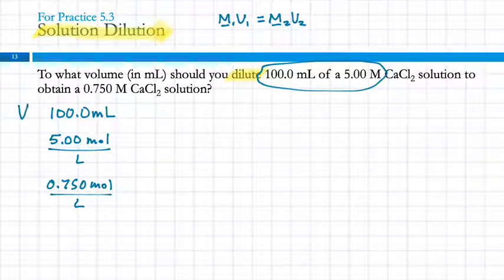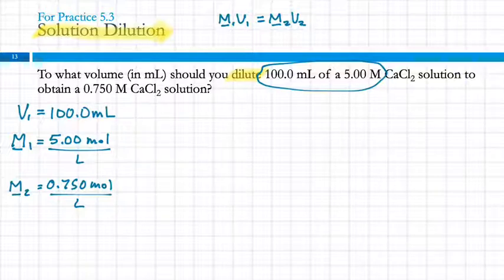So this is a volume. That's volume 1. This is the molarity that goes with it. That's molarity 1. And then the other molarity must be the other one, molarity 2. So we identify what the pieces are.